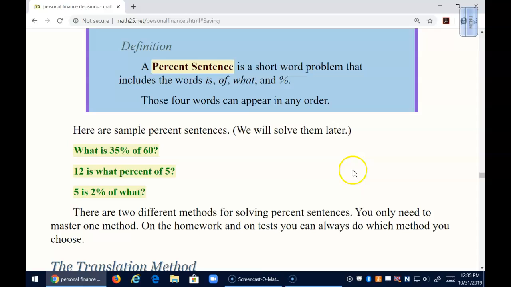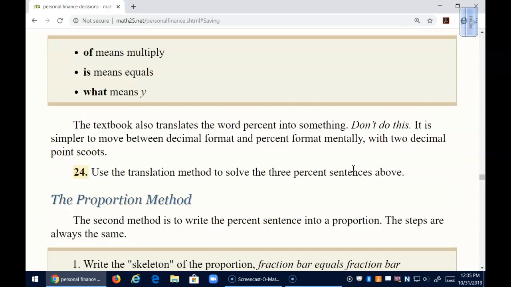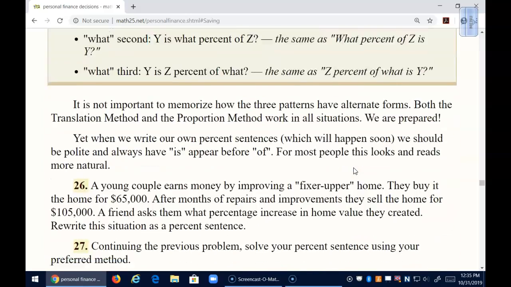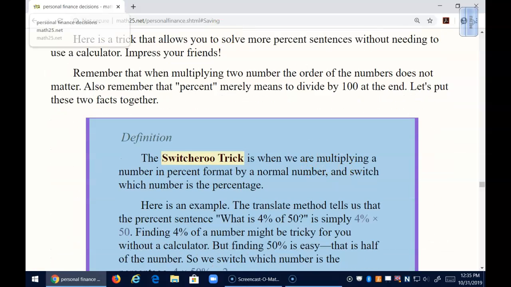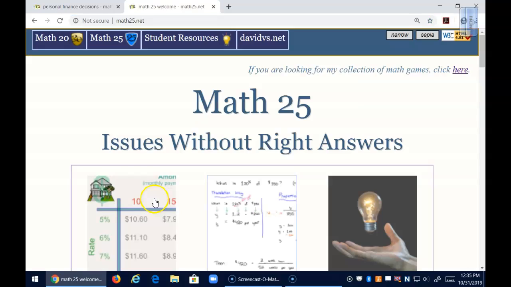How you solve them, there were 2 different ways. We don't have one here, so let's just grab a random one.